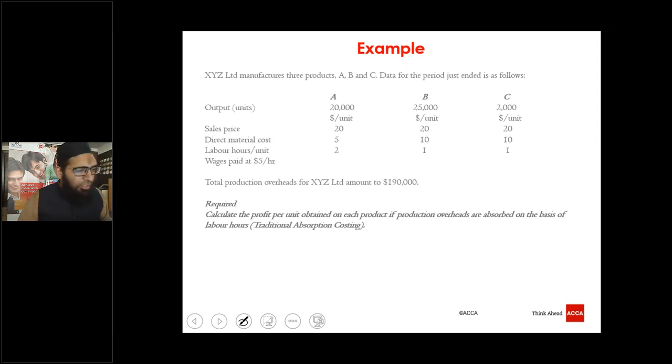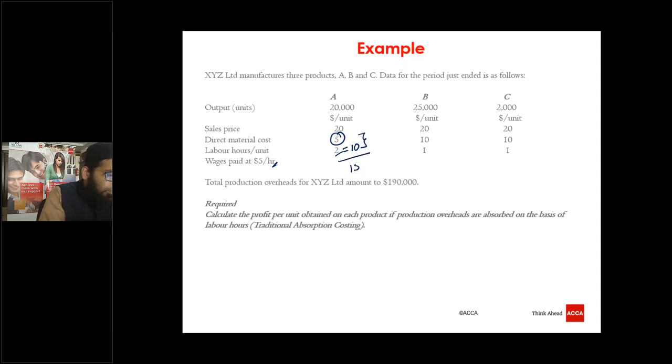Now, to calculate the profit per unit on each product, we have to identify the full product cost per unit. And as far as full product cost is concerned, for example, for A, we have $5 cost of material. A required 2 labor hours and the hourly rate is 5, that is $10. That means we have a variable cost of $15.